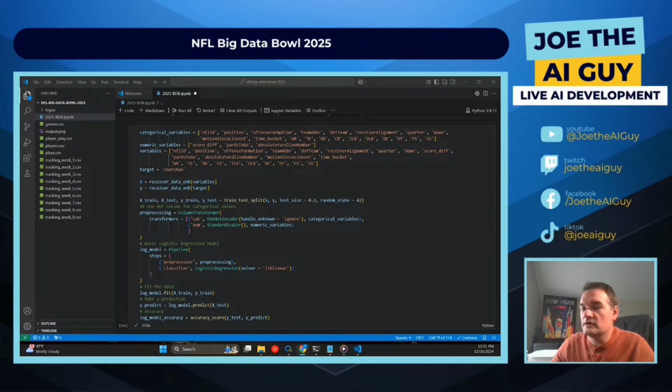Go through the data list quickly and try and see if there's anything else here we could pull in.